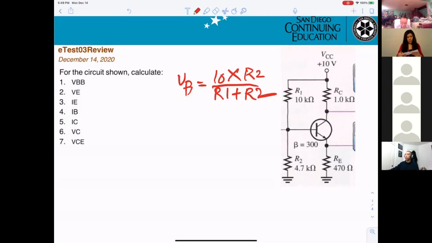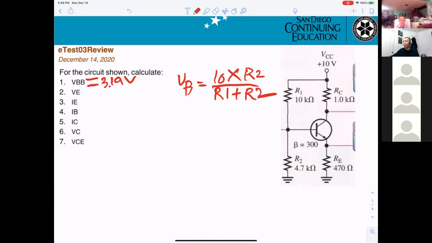So who gets the VBB? 3.19 volt. Okay, 3.19. Is it right or wrong? I don't know. That's good. I agree. Okay.